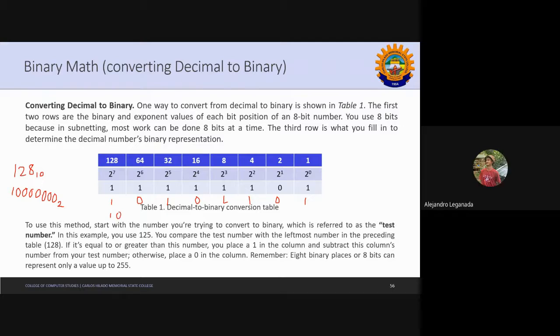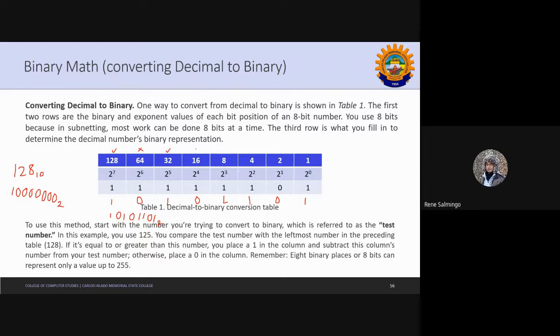So this one is 0, 1, 0, 1, 1, 0, 1, and that's it. In this case, what is the value? Since this is 1, you have 128, okay. Then 64 is 0, so no. This is 1.